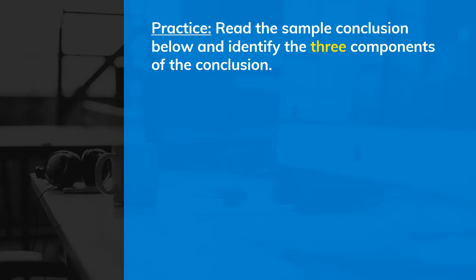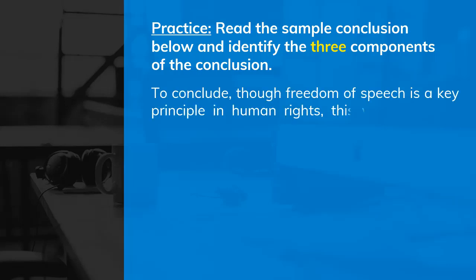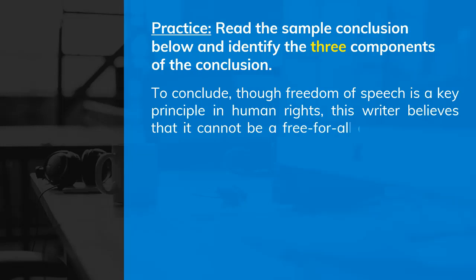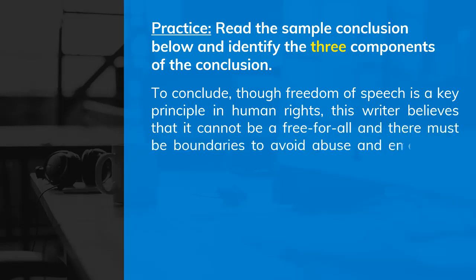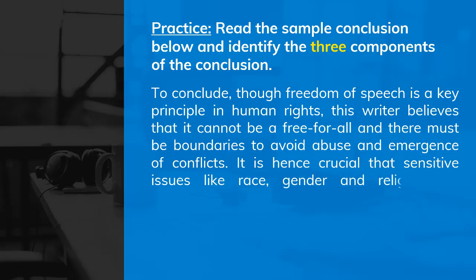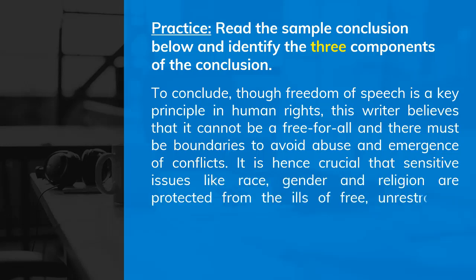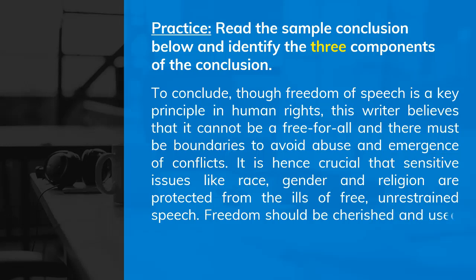Okay, let's take a practice. We'll read the sample conclusion and then find the three components of the conclusion. Okay, "To conclude, though freedom of speech is a key principle in human rights, this writer believes that it cannot be a free-for-all and there must be boundaries to avoid abuse and emergence of conflicts. It is hence crucial that sensitive issues like race, gender, and religion are protected from the ills of free, unrestrained speech. Freedom should be cherished and used responsibly."